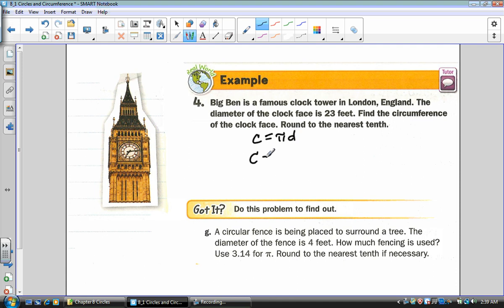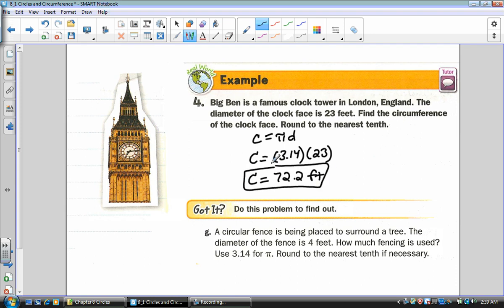So circumference is going to be equal to 3.14 times the diameter, which is 23. And 3.14 times 23 is about 72.2. And those are going to be feet.